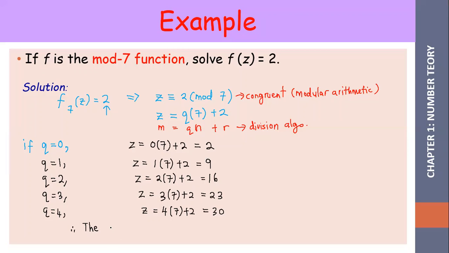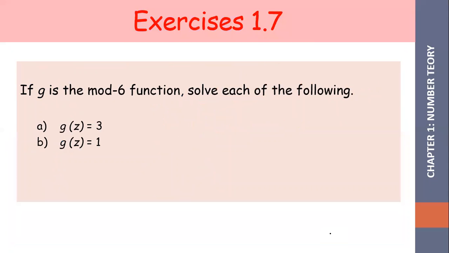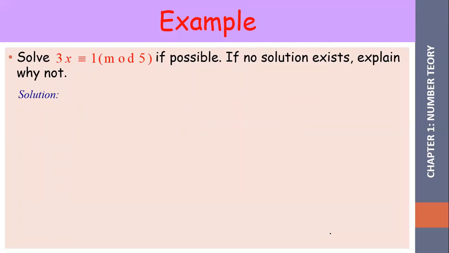So the solution of f(z) equal to 2 is 2, 9, 16, 23, 30 until infinity. Okay, so that is the answer. So you may try this exercise. Okay, we have another example.